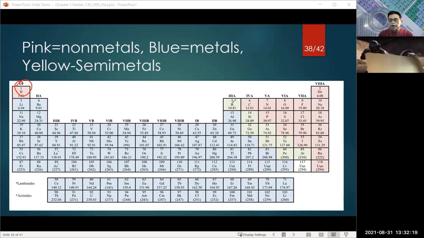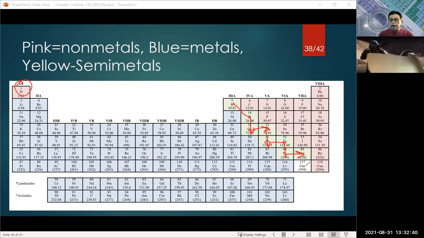If you look at the metalloids, you start with boron, and it goes catty-corner across to silicon, and then straight down to Ge, and then across to arsenic, down in this direction, and then straight down again, and then across, and then straight down, and then across.